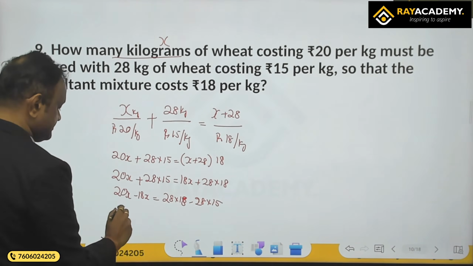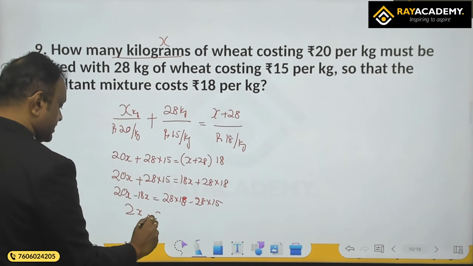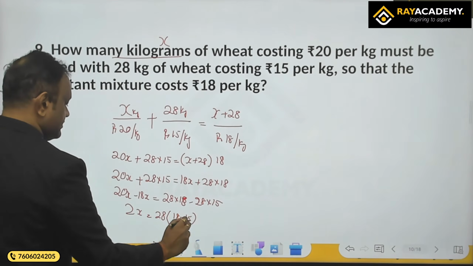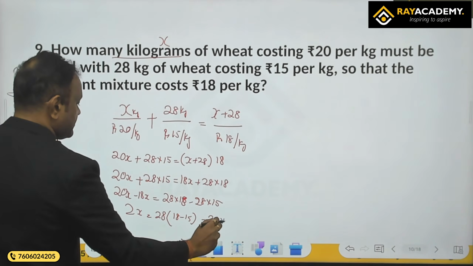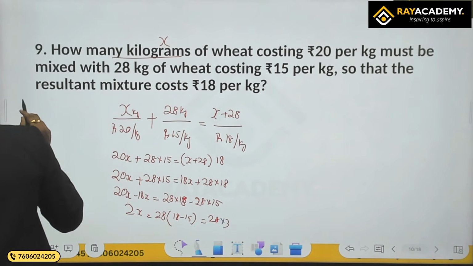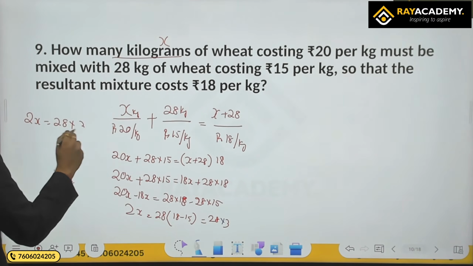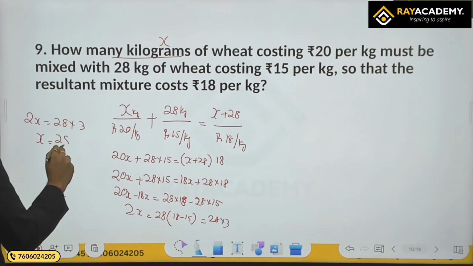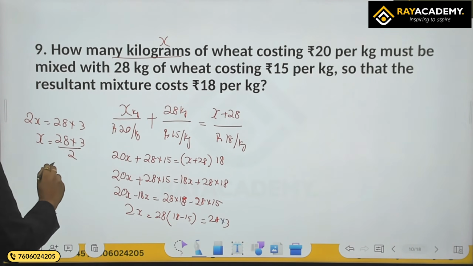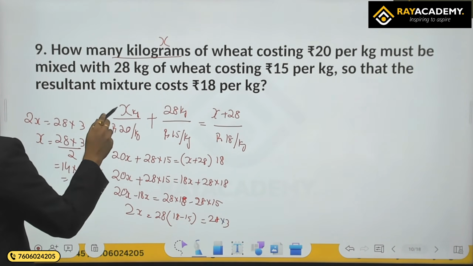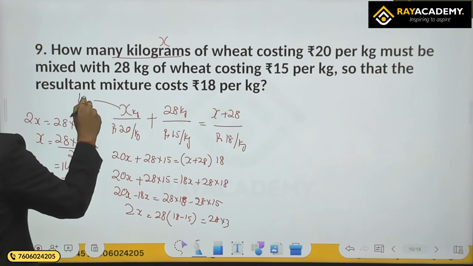It becomes easy. 2x equals 28 common, 18 minus 15, that is 28 multiplied with 3. So x equals 28 multiplied with 3 by 2. It gives you 14 into 3, so that is 42. The answer is 42 kg.